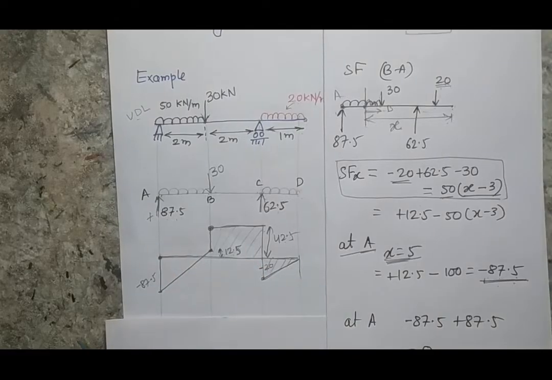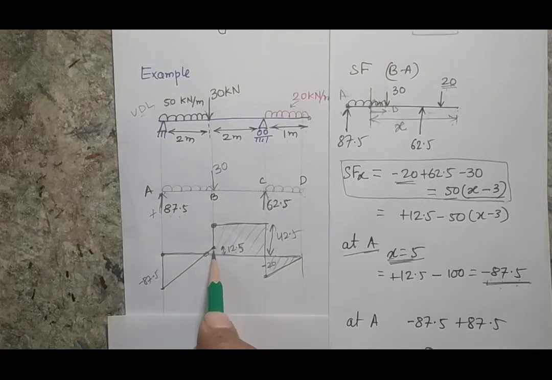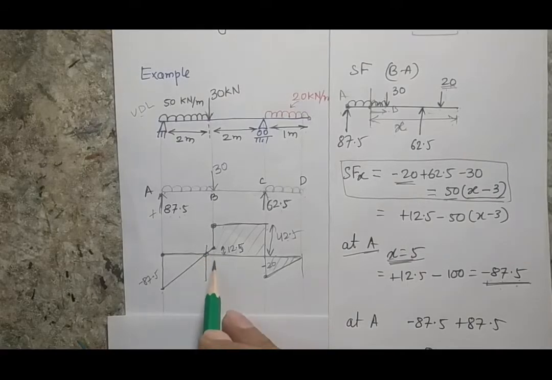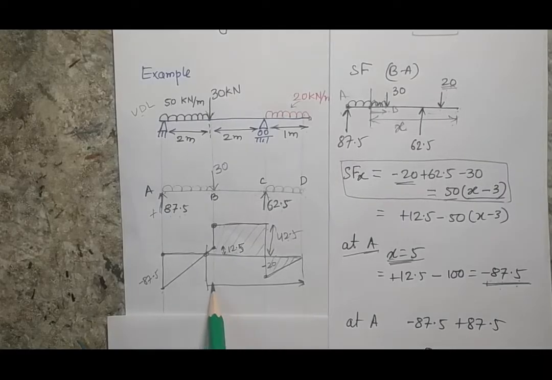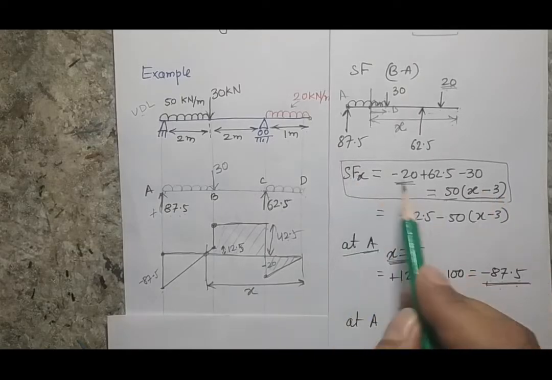Now you can see here that you have crossed the zero line. That means your shear force has changed its sign from positive to negative. So sometimes it is also asked what is the position of this point where your shear force is changing its sign. You have to calculate this x value, which you can calculate by putting 0 in this equation.